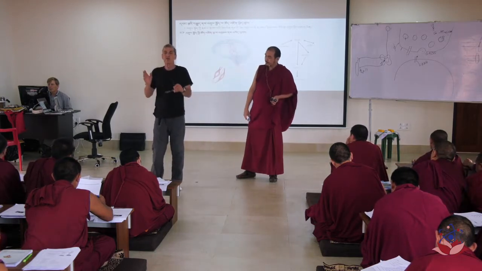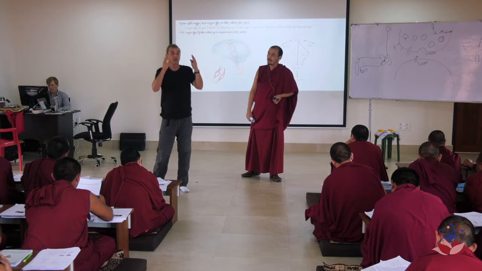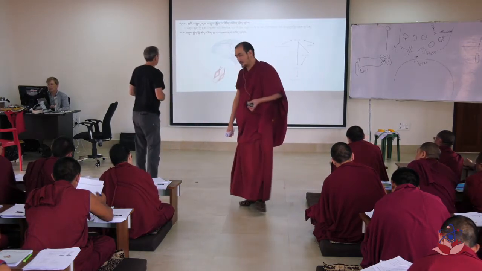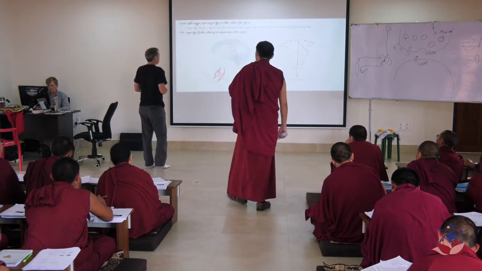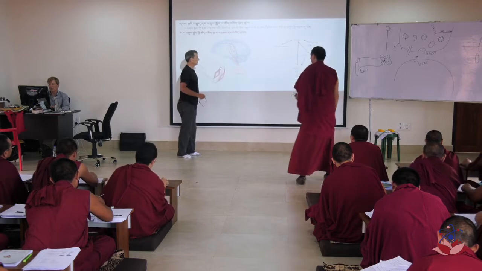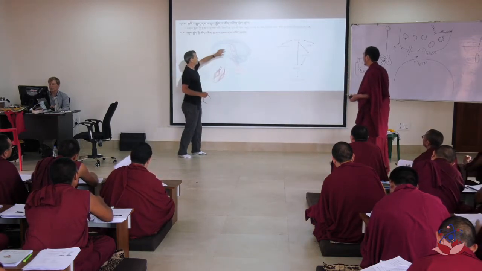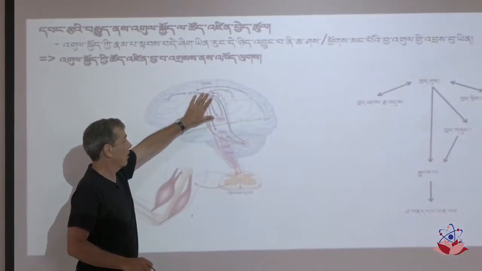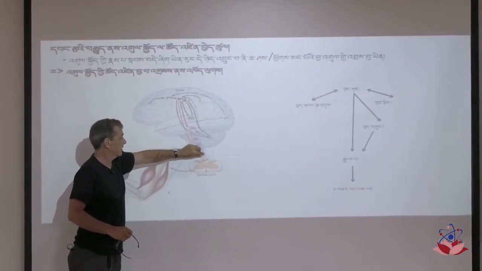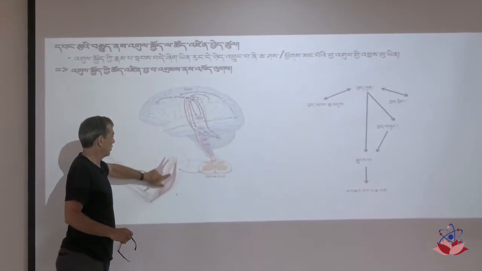So now we have to turn our attention to the motor system. Similarly to the sensory system, there are different parts of the brain that are activated, different parts that help the signal that arrives to go to the muscle.